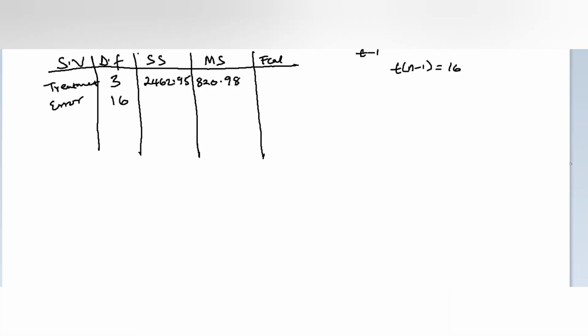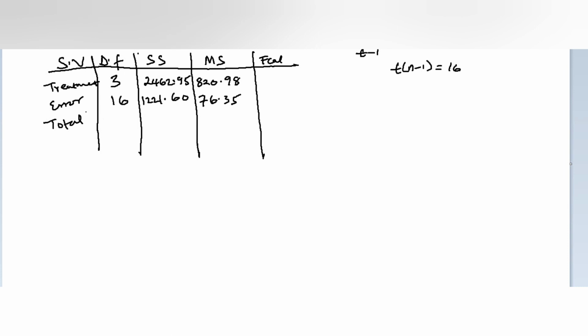So that is what we have. And our SS error is equal to 1221.60, and our MS error is equal to 76.35.